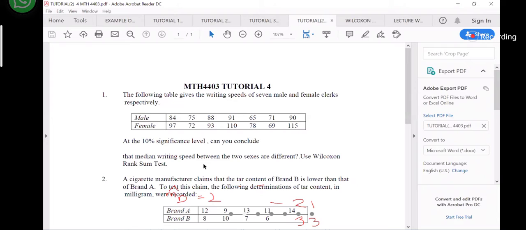To test a hypothesis for two independent samples, I have to use the Mann-Whitney test statistic. So please do not get confused.